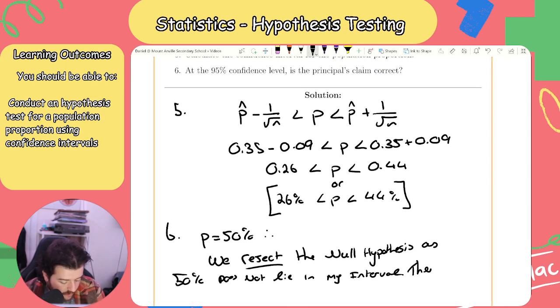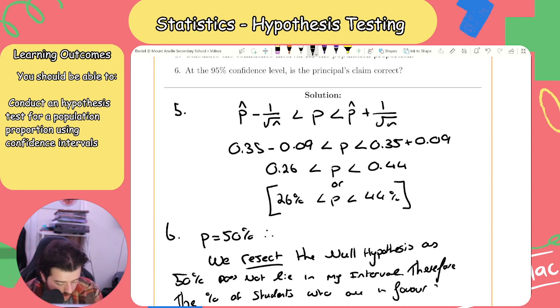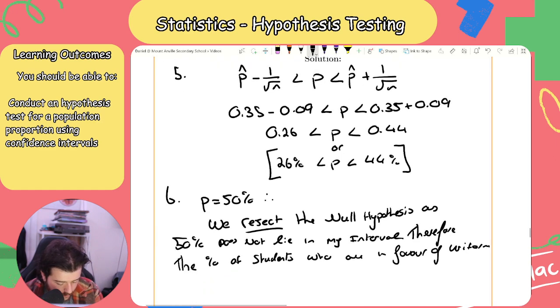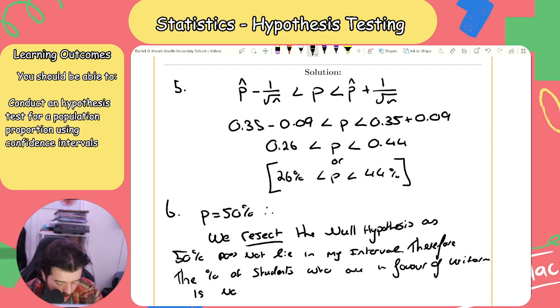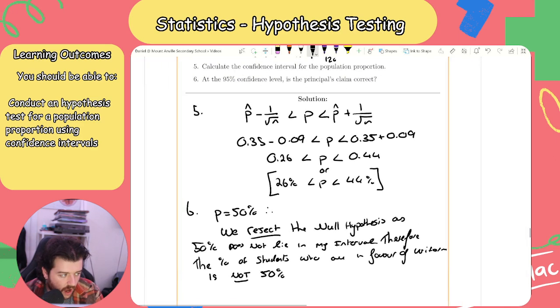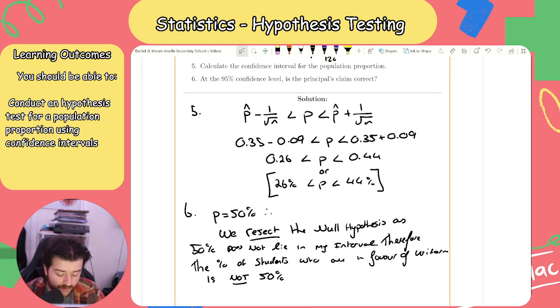Then give a little statement at the end. Therefore, the percent of students who are in favour of uniform is not 50%. So I can say that with 95% confidence.